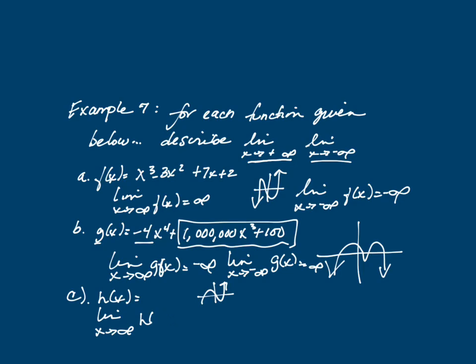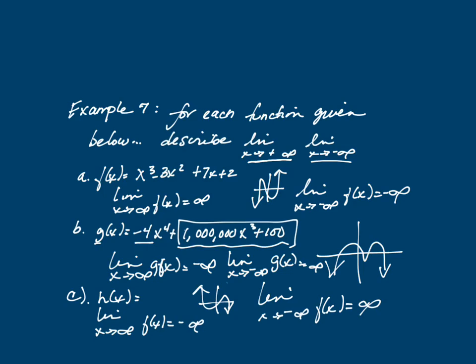Okay, erase that. If it's negative, it's going like that. Okay, so the limit as x approaches infinity of h of x is negative infinity, and the limit as x approaches negative infinity of h of x is positive infinity.